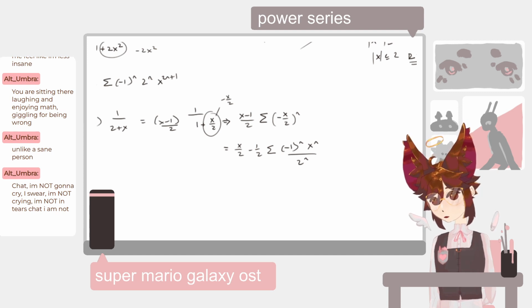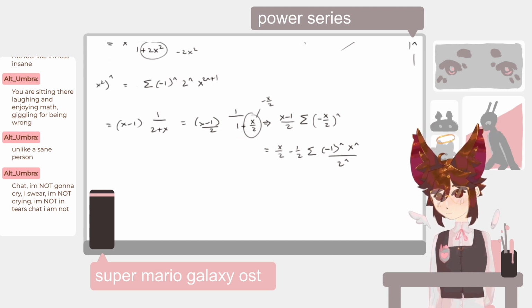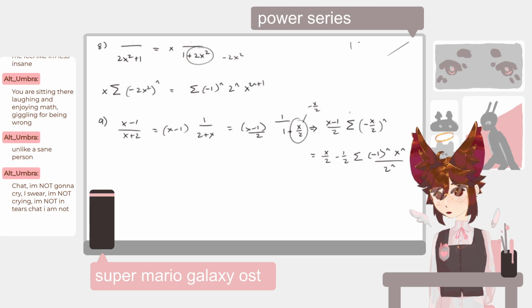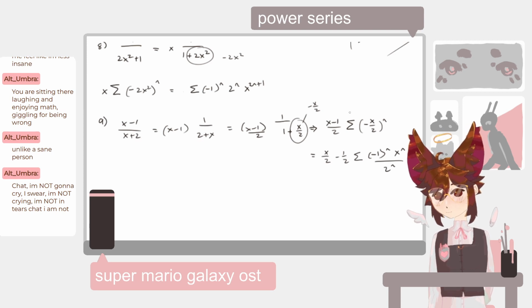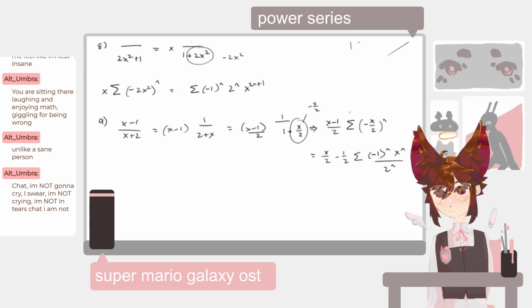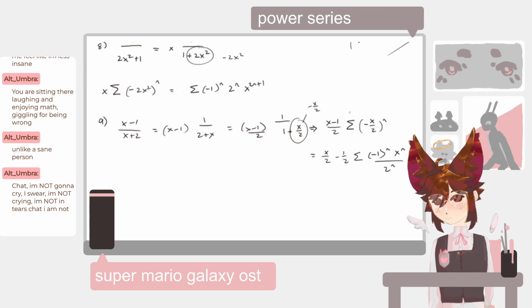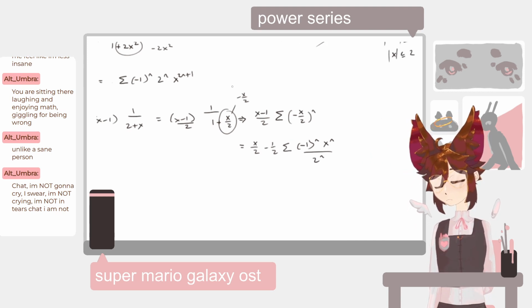I don't even know how you could get a 3 out of this. There's not a 3 in here. There's something sneaky happening. There's only twos of things though.